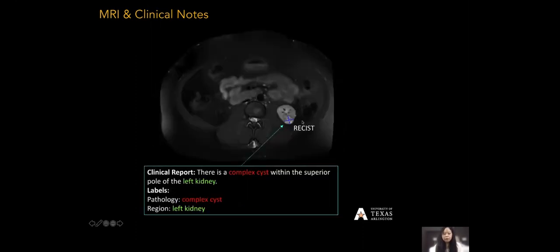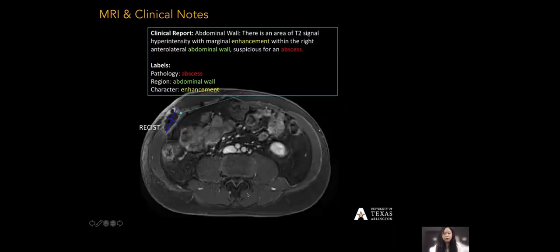This is another example, where the clinical report shows this, and we're also extracting the labels: pathology is complex cyst, and region shows left kidney. This is another case, in which the region is abdominal wall and the character is enhancement.